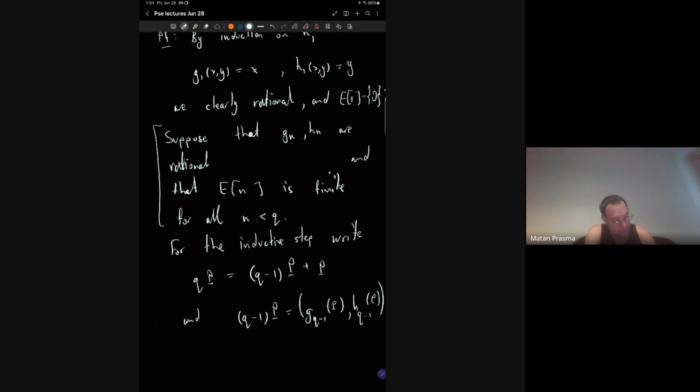And by the inductive assumption, G_{q-1} and H_{q-1} are rational. And obviously 1 times P is simply (G1(P), H1(P)), which is also rational.